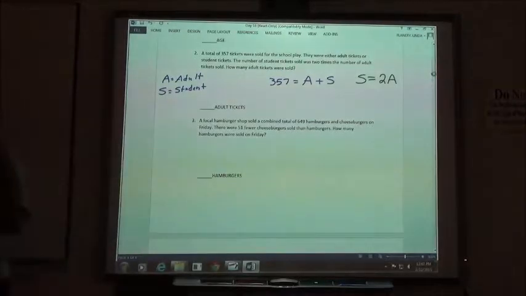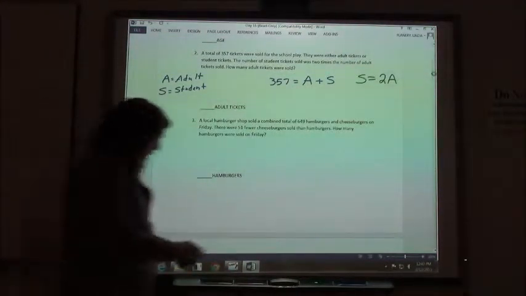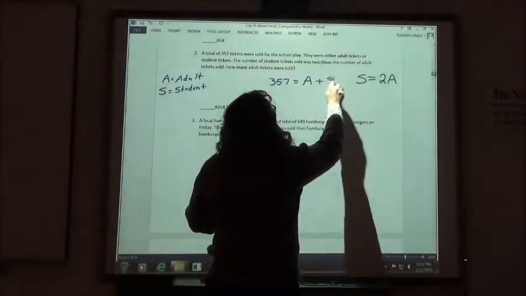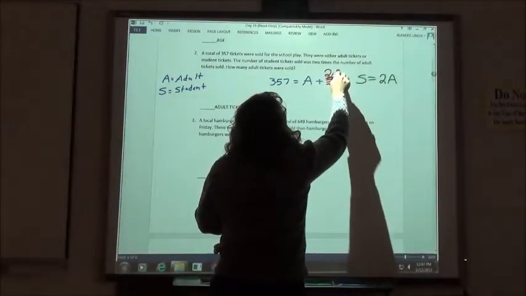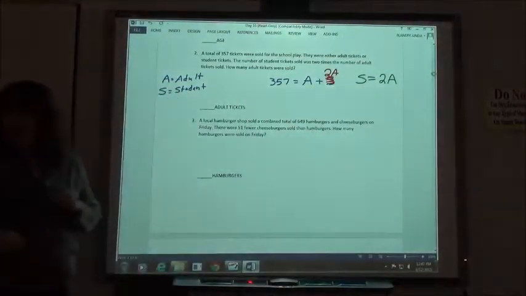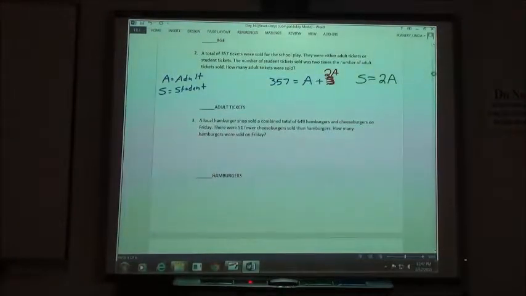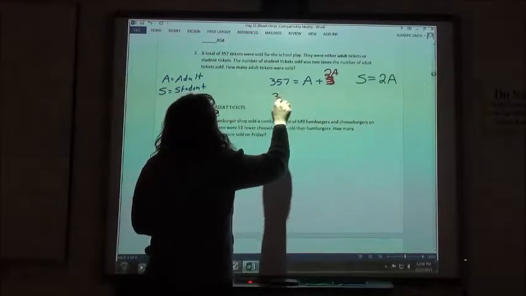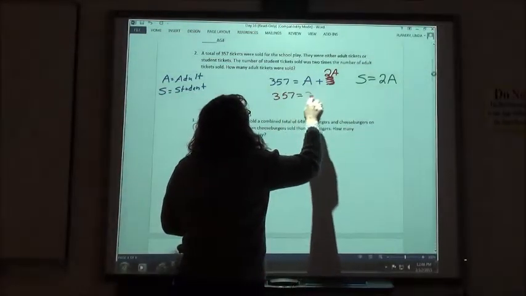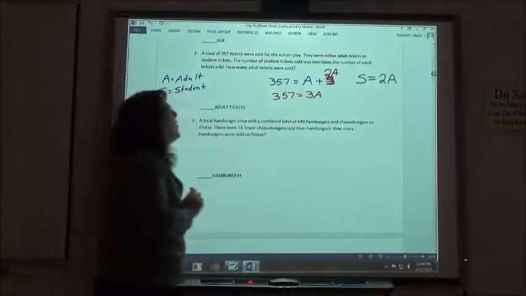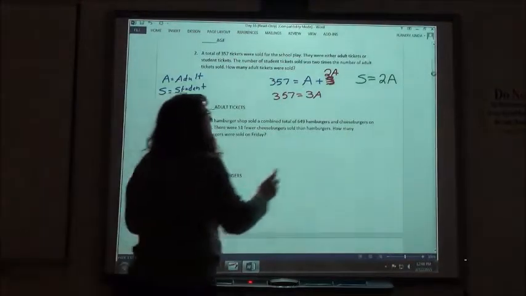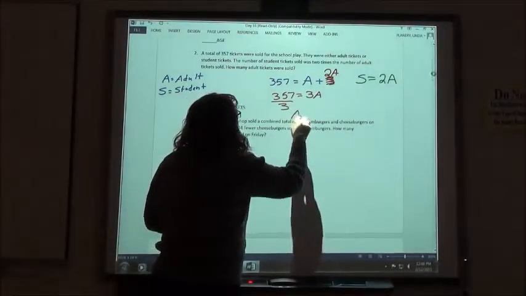So now thinking about that previous problem where we solved by substitution, what variable should we replace in our first equation? S, and we're going to put 2A in its spot. So we're going to cross off the S, put 2 A's in its spot, and then combine our like terms. 357 equals 3A, exactly. To solve that, we're going to divide by 3.